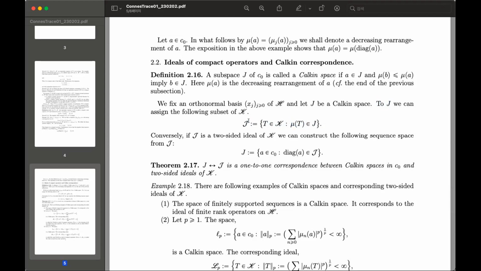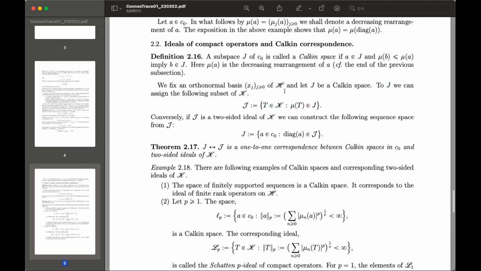So we can construct the subspace of compact operators from the given Culkin space. And there is a very big theorem that this correspondence is exactly inverse to each other, a one-to-one correspondence between Culkin spaces in C0 and the two-sided ideals of K.